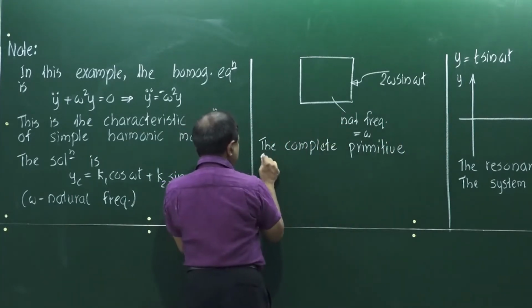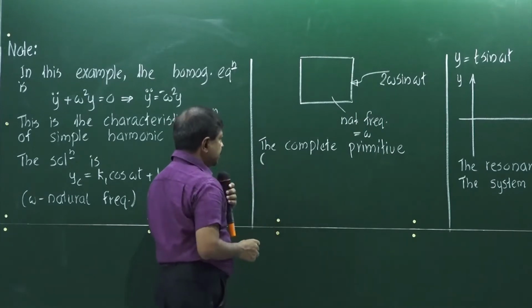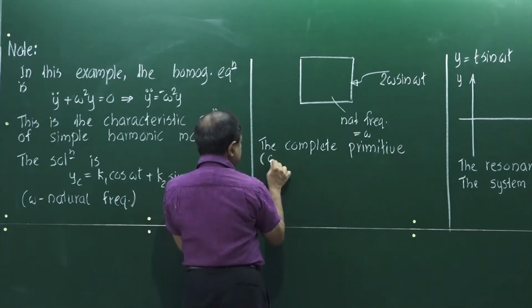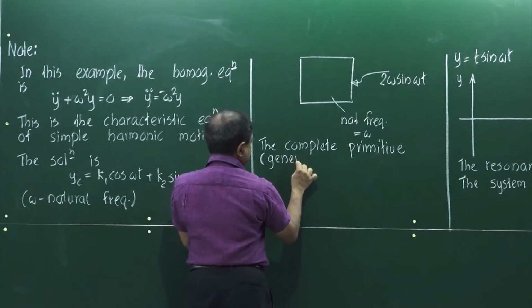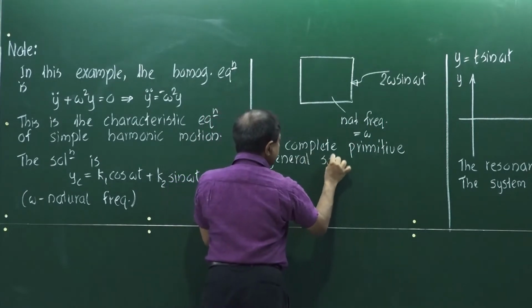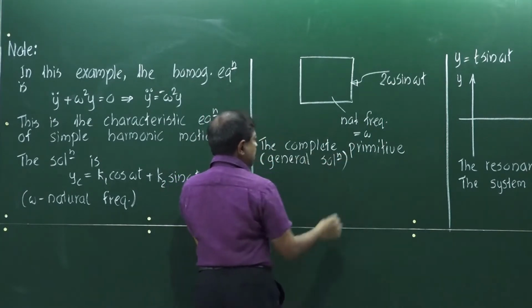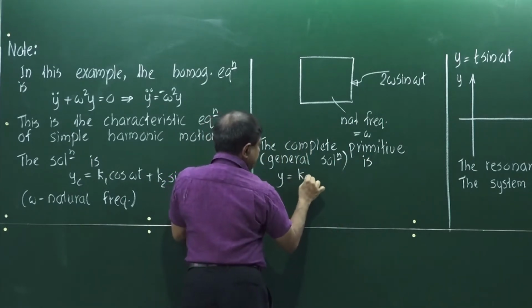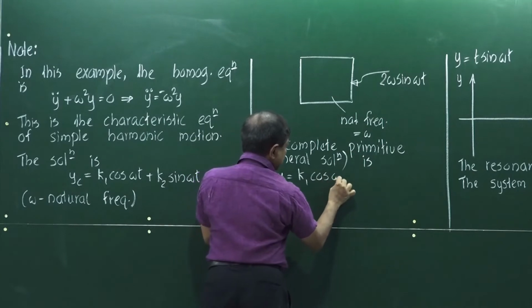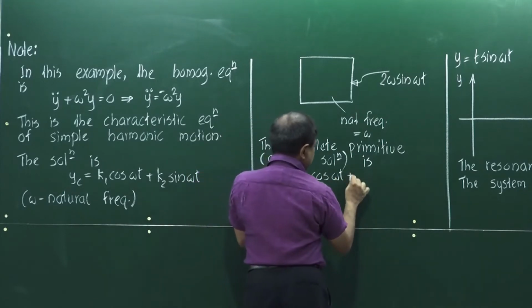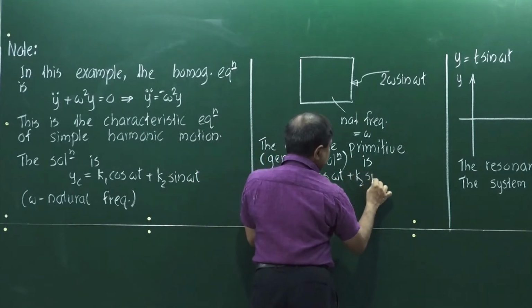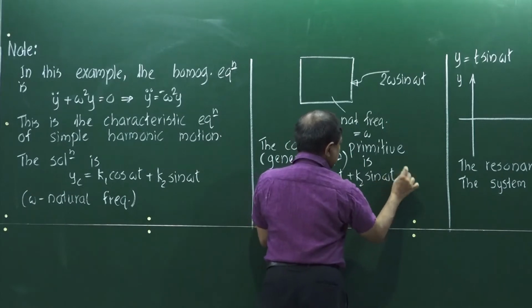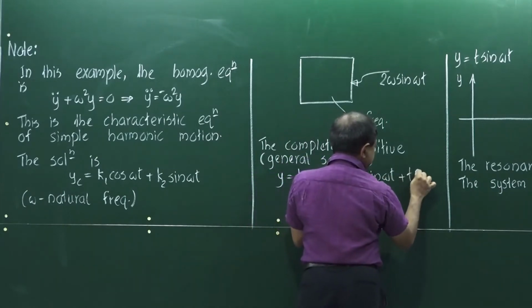In application sense, you can write it as the general solution. General solution is what? Y is equal to k1 cos omega t plus k2 sin omega t plus t sin omega t.